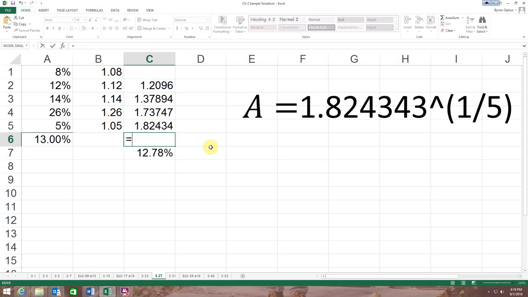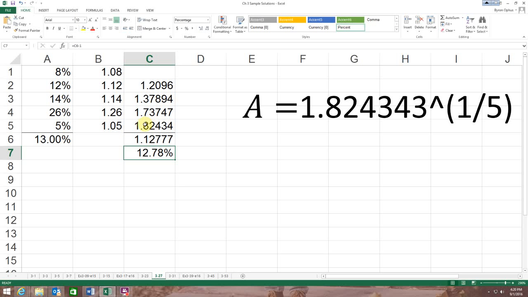I want to find that, and so I just say this is equal to this, then do the little tent thing. Then I need a parenthesis, and then I do the 1 divided by 5. Then I have to do an end parenthesis, and that's taking the 5th root of that number.